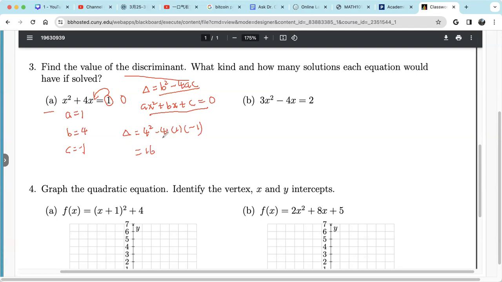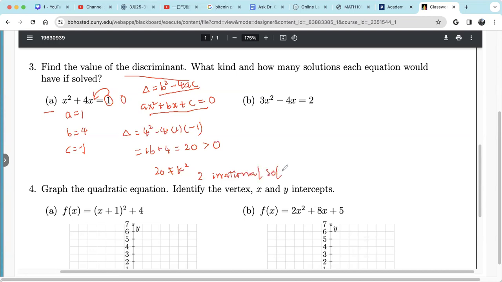Minus 4 times 1, minus 4 times -1, positive 4. 16 plus 4, we get 20. So this is positive, and 20 cannot be written as something squared. So we have two irrational solutions.